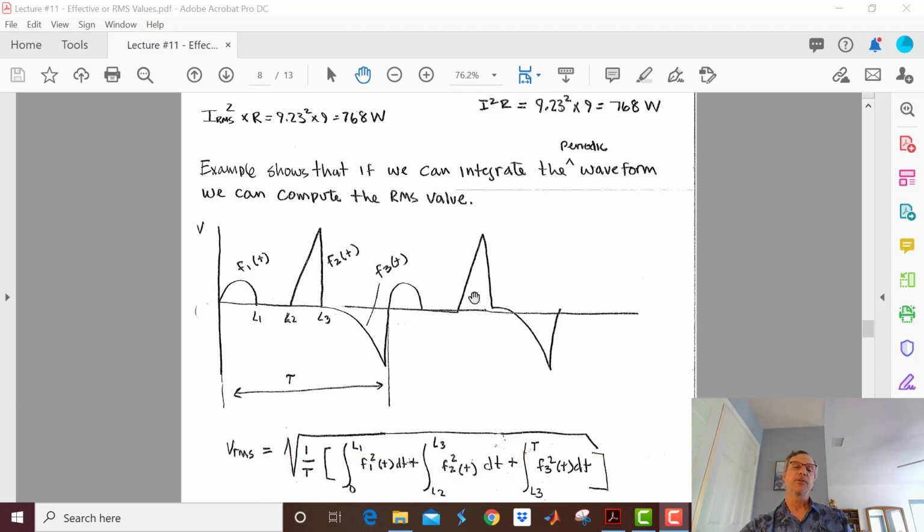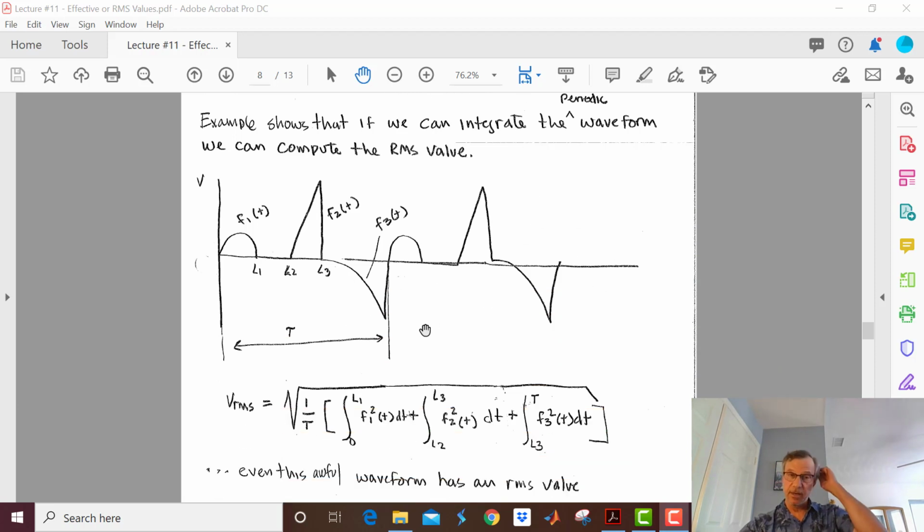But here's a waveform, and it's ugly. Before we go on, does anybody know what this waveform means, where I got it, where it might be useful? I can't think of any place where it might be useful. I just drew it because it was periodic, but it was ugly.